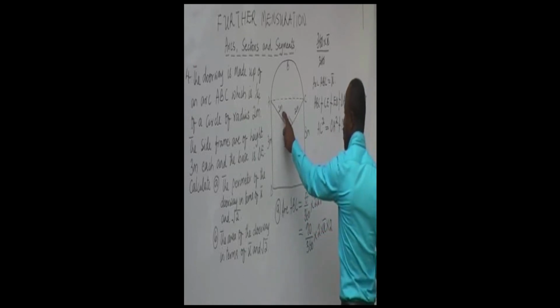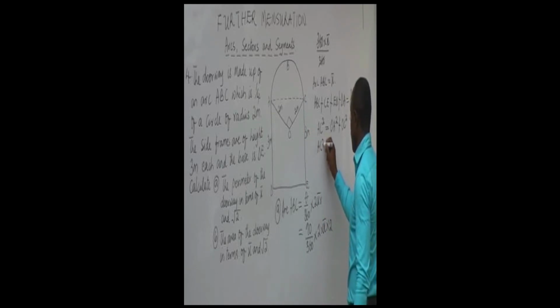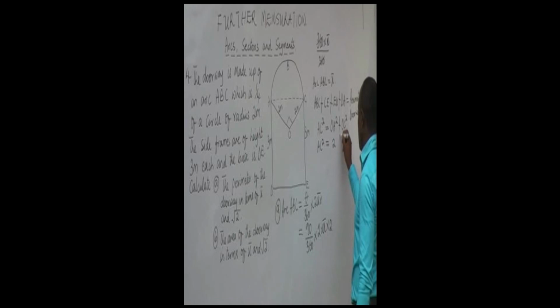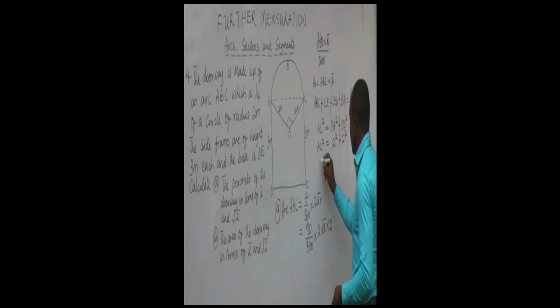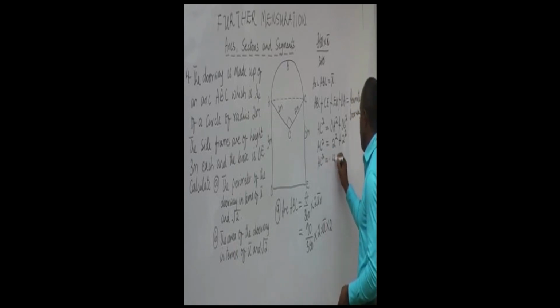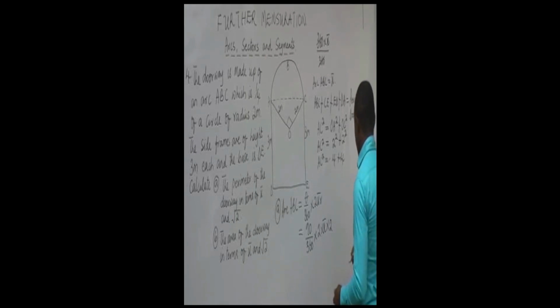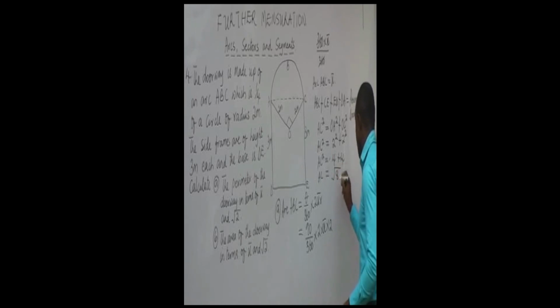OA is already 2 meters given, and OC is 2 meters given. That means our AC squared is equal to 2 squared plus 2 squared. Our AC squared is giving us 4 plus 4, which is 8. Our AC is going to be the square root of 8.